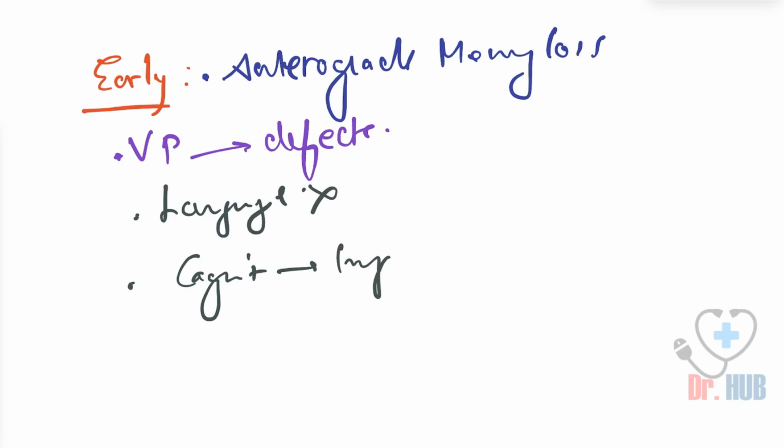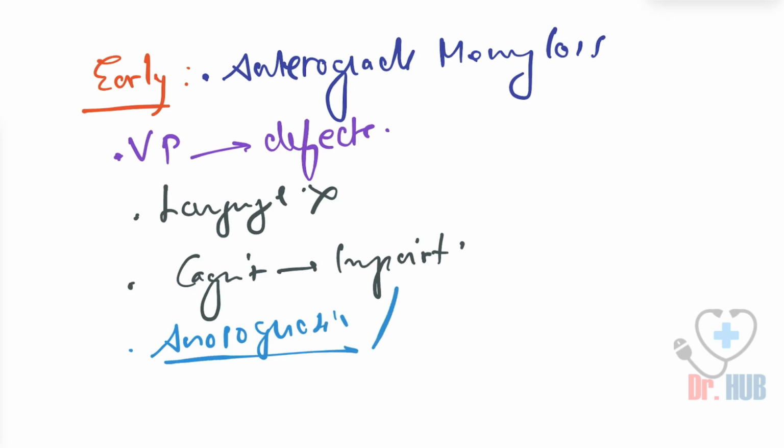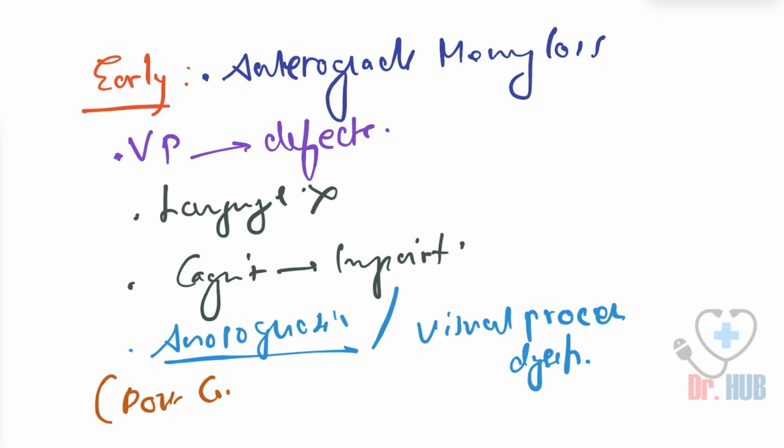There is also cognitive impairment, which progressively declines. Then there is anosognosia. Then there is visual processing dysfunction, which is associated with posterior cortical atrophy syndrome.